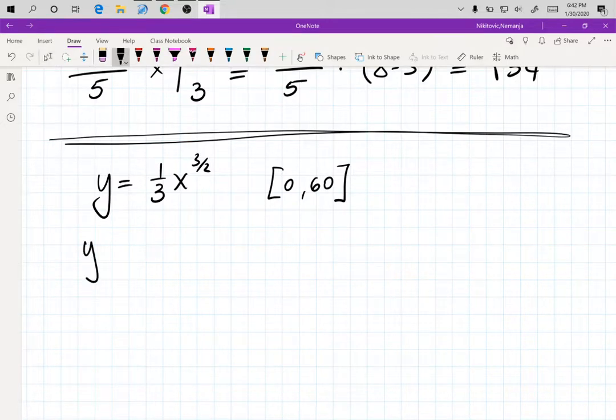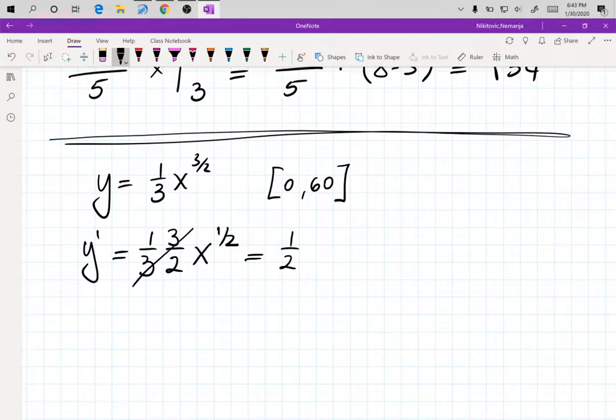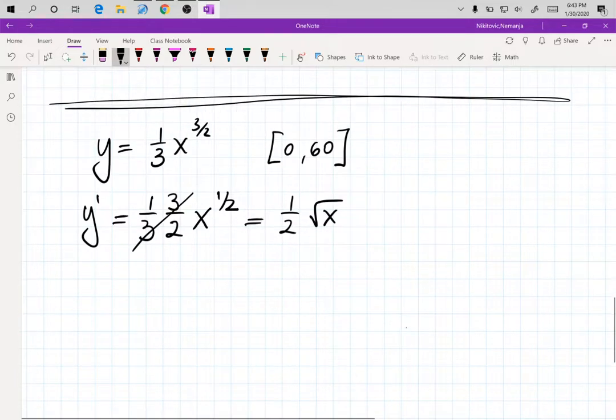So the derivative y prime is, we copy the constant, then put 3/2 x to the 1/2, and this dies, and it is 1/2 times the square root of x, right? Now you need to square that for the formula. So we'll get there.